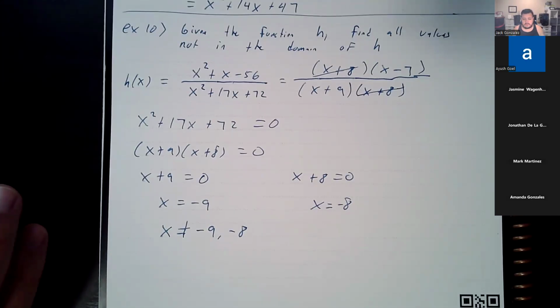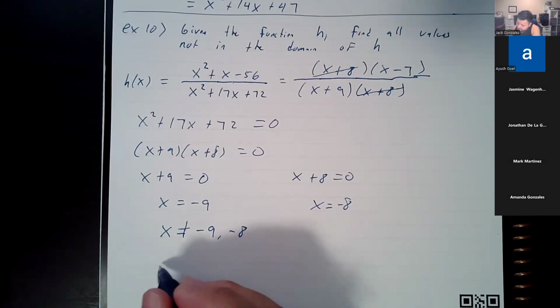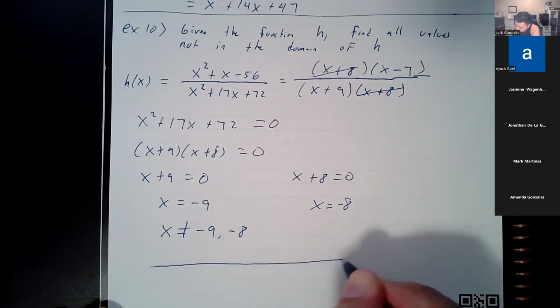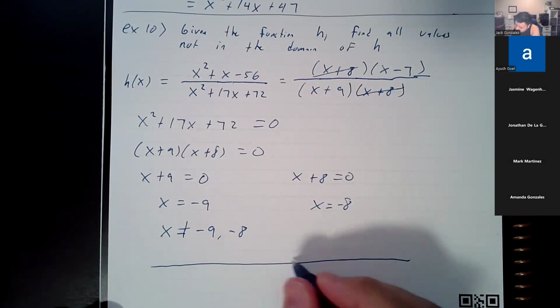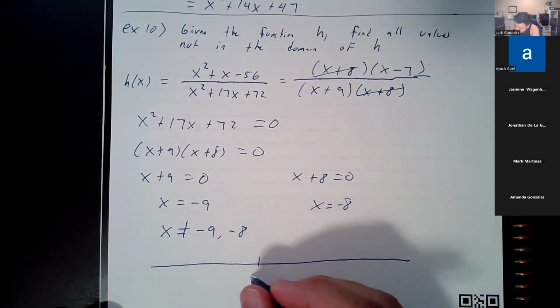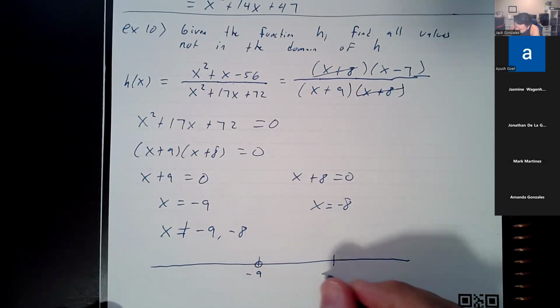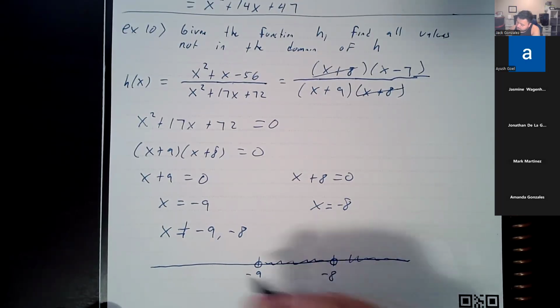So if those are not allowed, you can find the domain. Basically, the domain is going to be this line here. We can't have -9, that's a problem. -8 is a problem. We have holes there. Everything after is cool, everything in between is cool, everything before is fine.